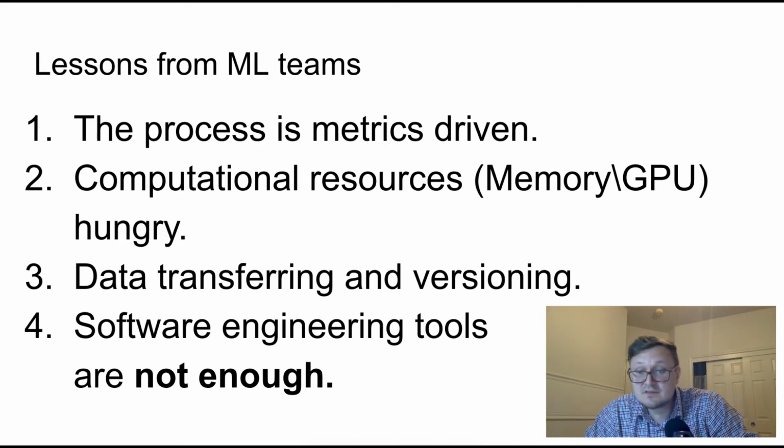The second difference is computational resources. For modeling, you need a lot of memory or GPUs or hard drive to store data sets, and it takes a lot of time and effort to move your computations, move your training to different parts of your infrastructure.